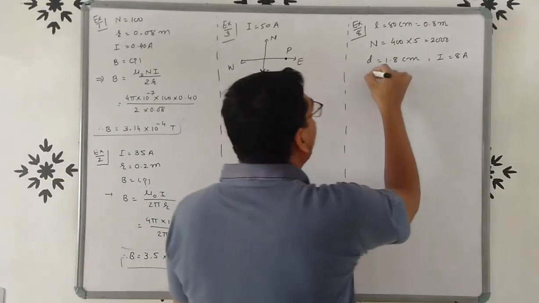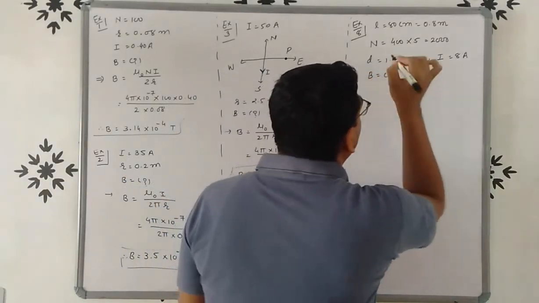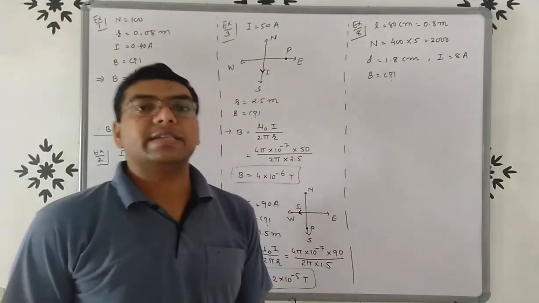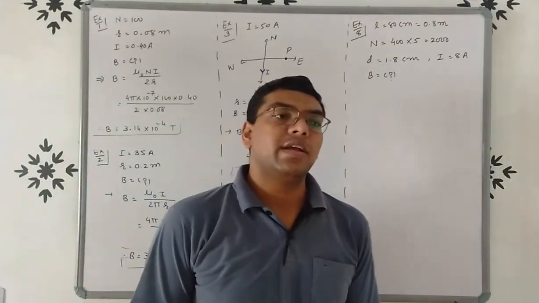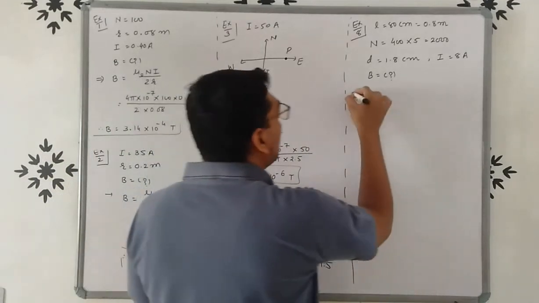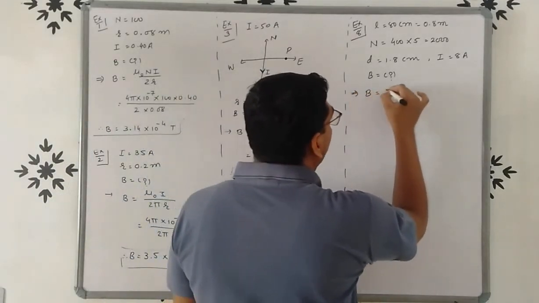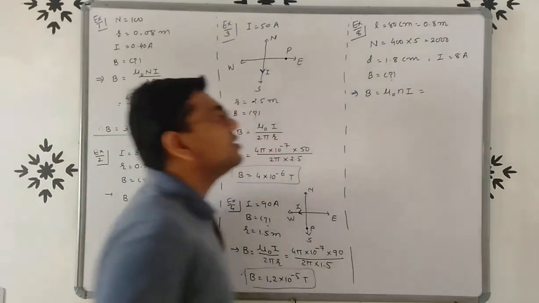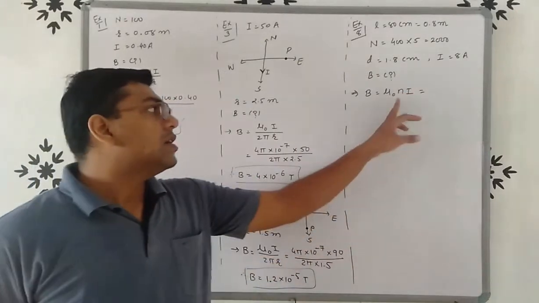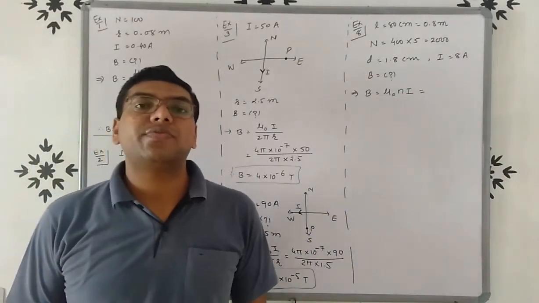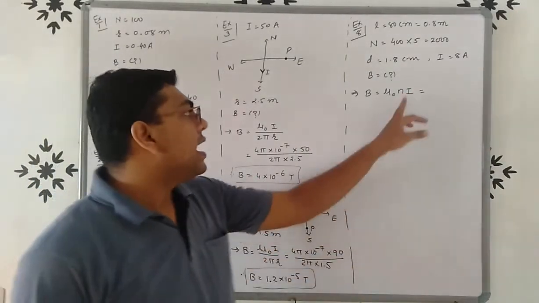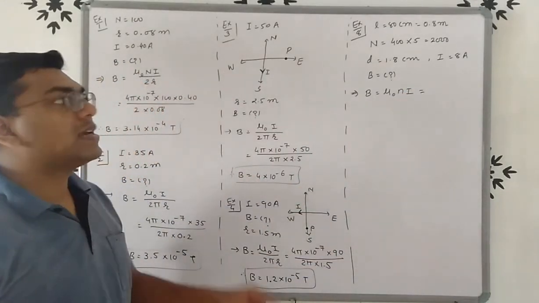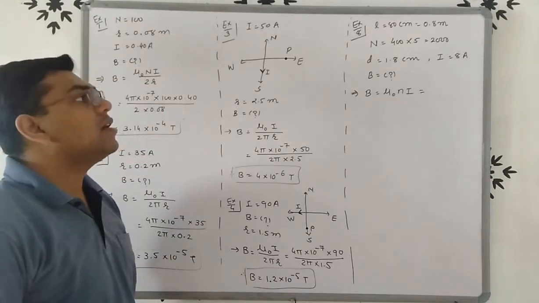So we have to find out the magnetic field for solenoid. In the last lecture we already discussed solenoid and toroid, and we know the formula of magnetic field. For solenoid, B is equal to mu 0 n I, where mu 0 is permeability, small n is the number of turns per unit length, and I is current. So here we know the value of number of turns, that is capital N, and we know the value of length.